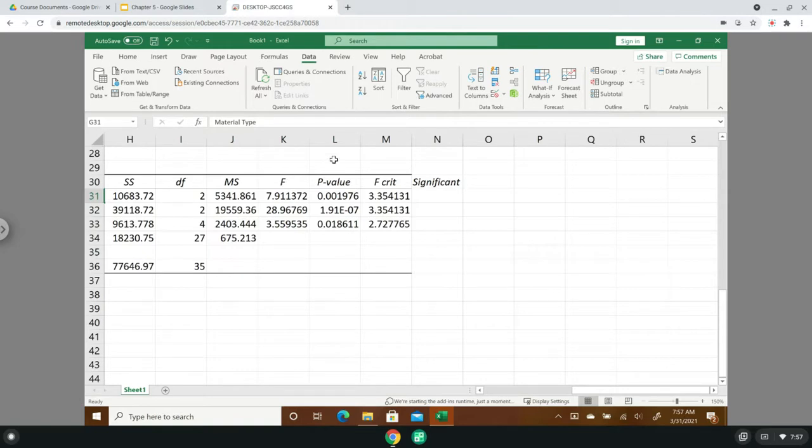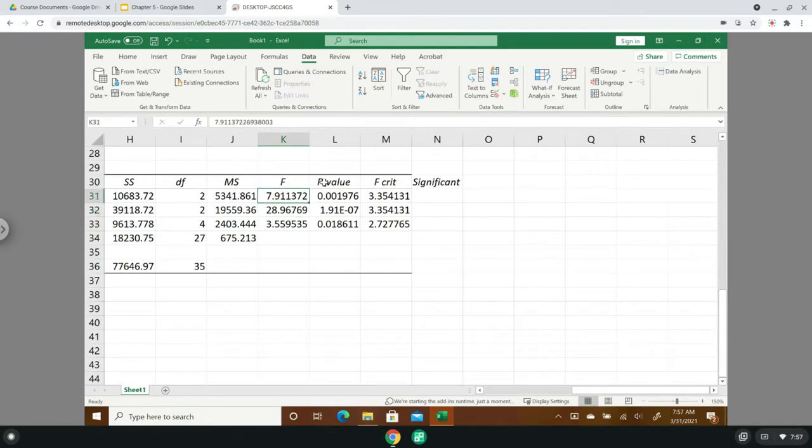If F is higher than the F critical value, that means the null hypothesis of equality of means should be rejected. That means material type is a significant factor. It produces significant variation in battery life. The same thing can be said about the temperature. So for material type, what do you see?